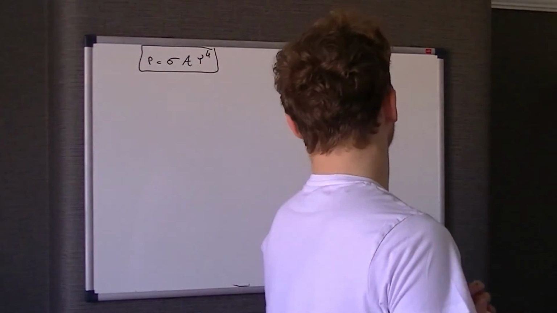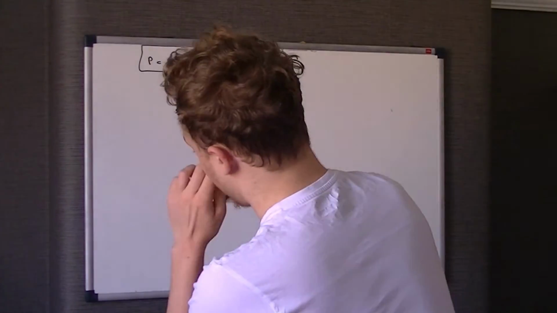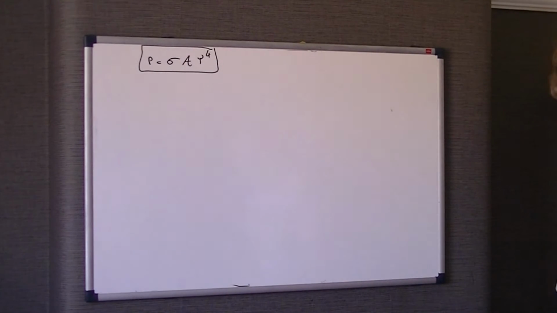I think that constant is given in your formula sheet. I think it's 5.67 times 10 to the minus 8 watts per meter squared per Kelvin to the power of minus 4. Okay.